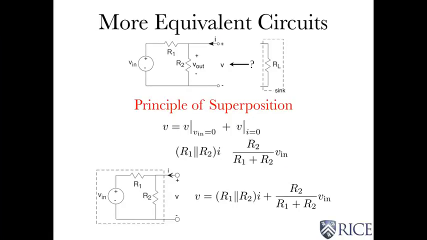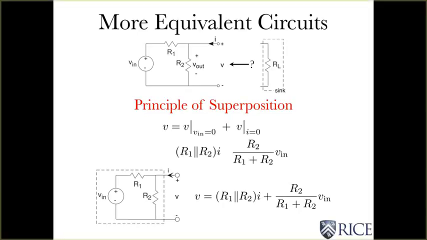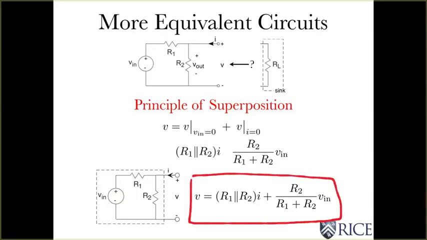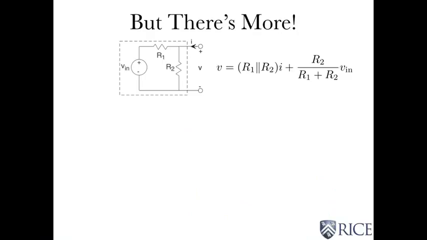So V is going to be the sum of two terms. If you think about that as a system, and you want to know what the VI relation is, you can use this superposition principle, and we see that, at least for this case, that's what we get. We get that V is equal to some resistance-like term times the current plus a source-like term. Well, that opens the door to a really interesting result. So let's define something.